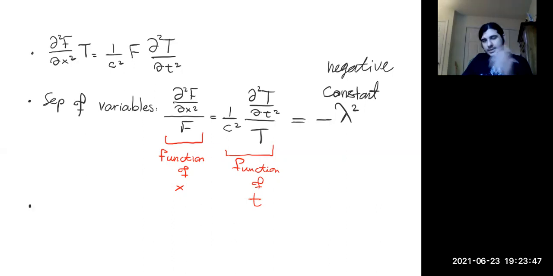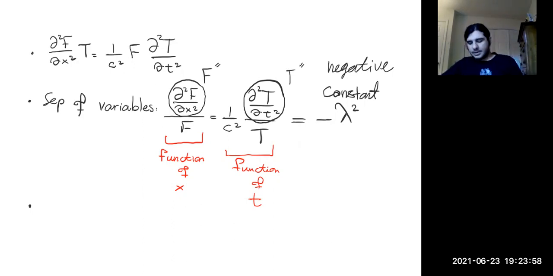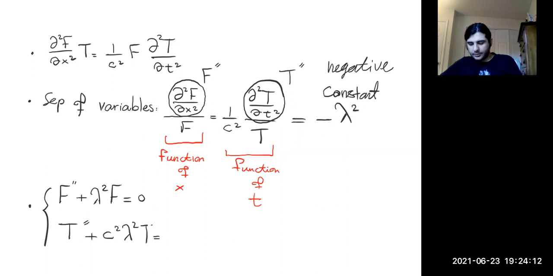If we show the second derivative of f with just f double prime and the second derivative of T with T double prime for simplicity, we get two equations. F double prime plus lambda squared f is equal to 0. T double prime plus c squared lambda squared T is equal to 0.